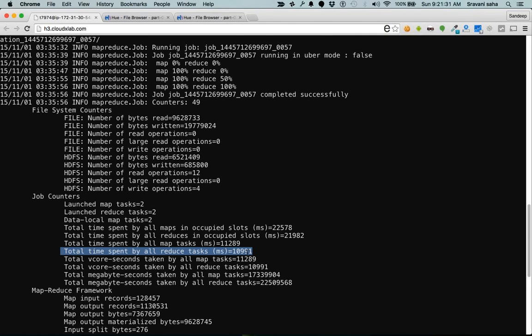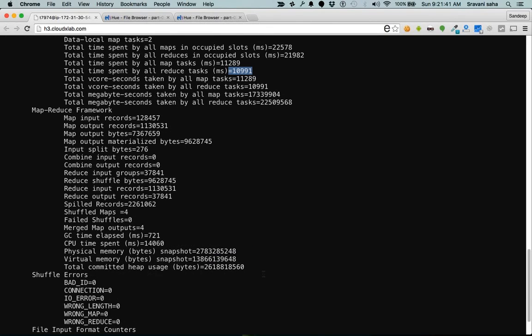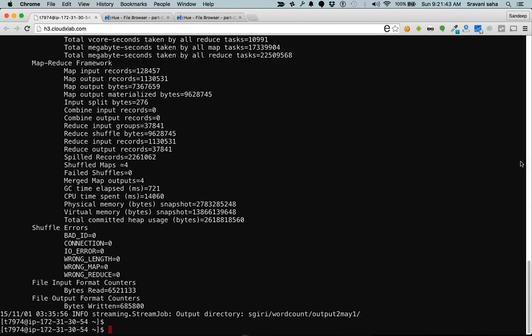If this is considerably higher, that means your reducers are really busy. Therefore you need to increase the number of reducers. So you can do a kind of search in that range.